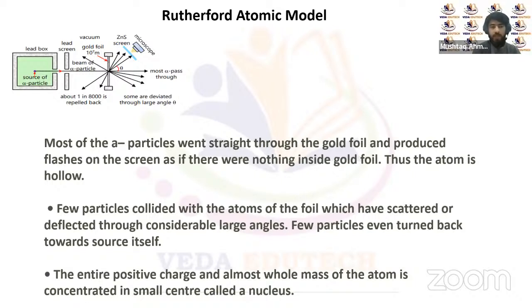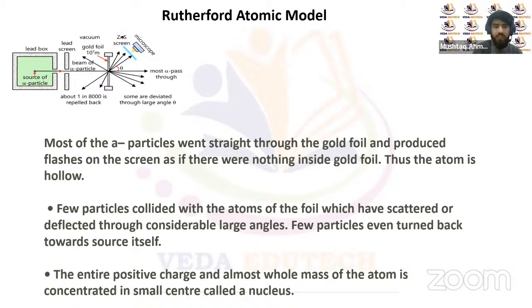There is an orifice, a very small pin hole in this lead box, through which a collimated beam of alpha particles comes out. On this side we have the gold foil, and these alpha particles strike the gold foil.